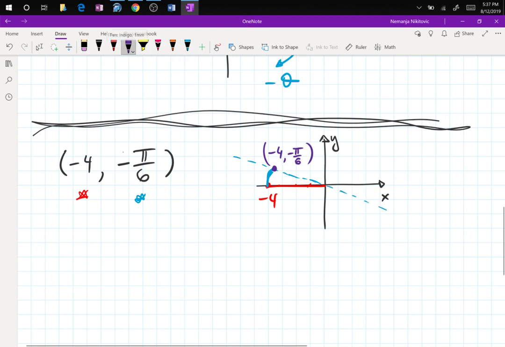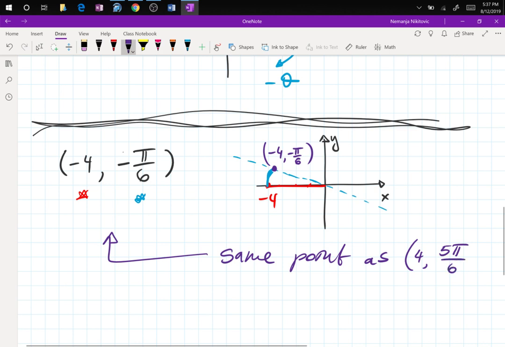Now here is the scary part. Same point as 4, 5 pi over 6. It's the same location on the graph, right? Because I can draw 4 on this side, and then go 5 pi over 6 and end up at the same location.